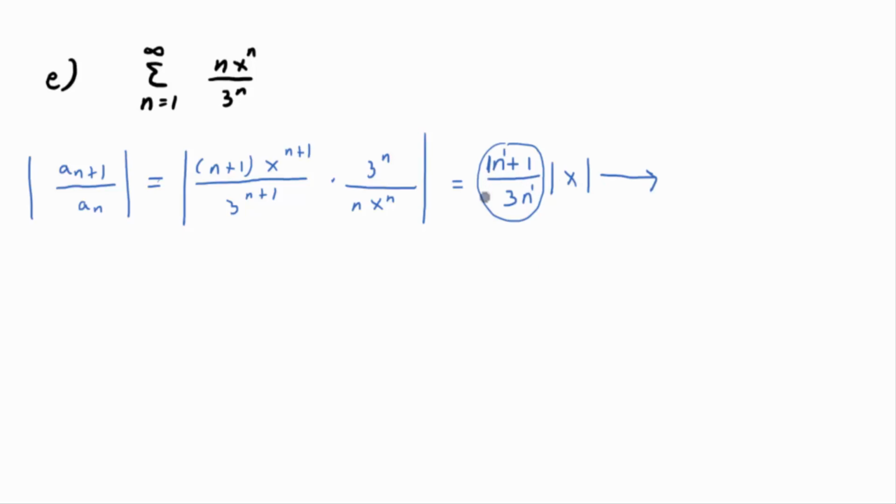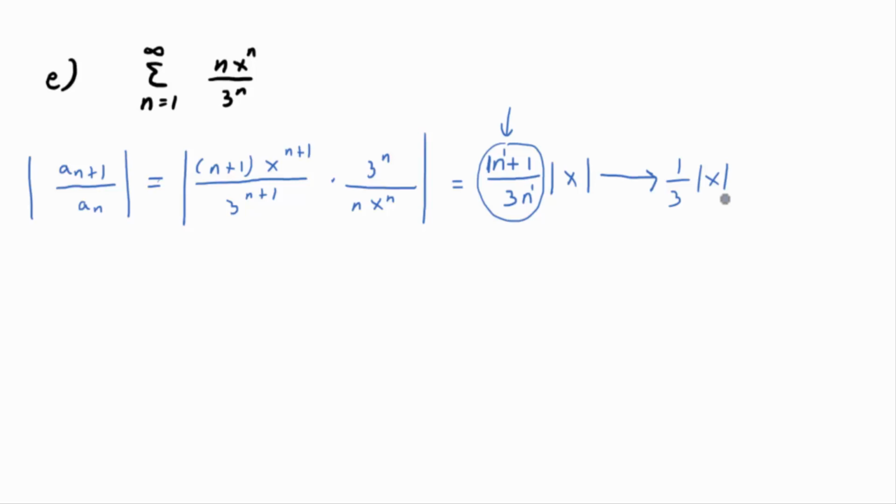So the limit of just this guy as n goes to infinity is just 1/3, right? But that constant's not going to go anywhere, so 1/3 absolute value of x. That's the limit of absolute value of a_(n+1) divided by a_n as n goes to infinity.